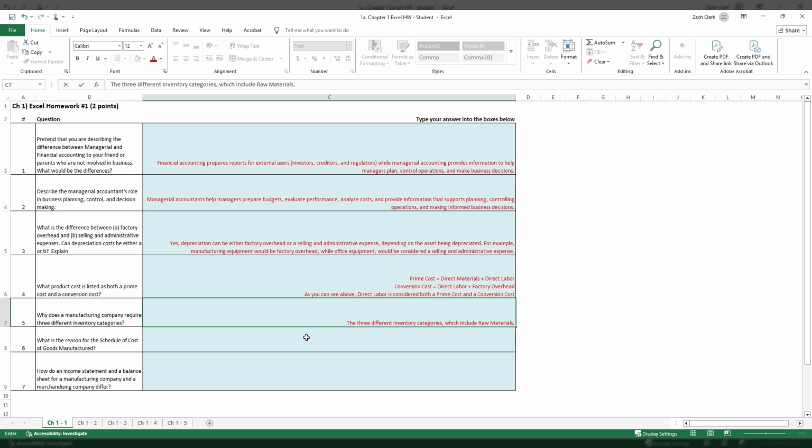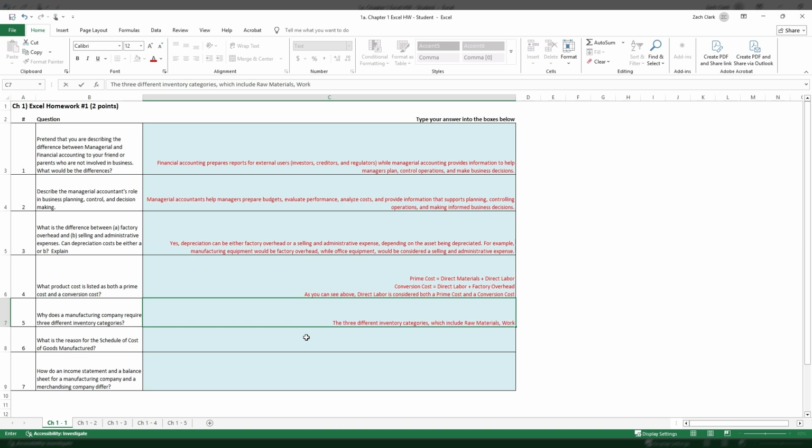Your raw materials might be the flour, the eggs, the sugar, the salt, so on and so forth. Just those raw materials before they've been combined in any way to move towards that finished product. So that's inventory category number one.